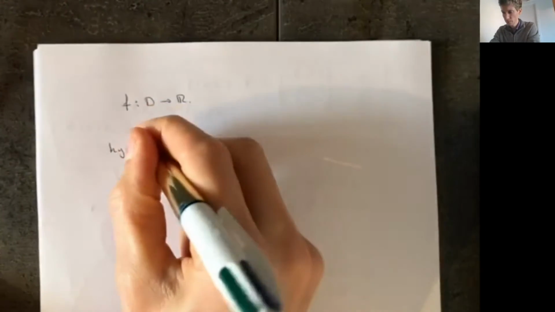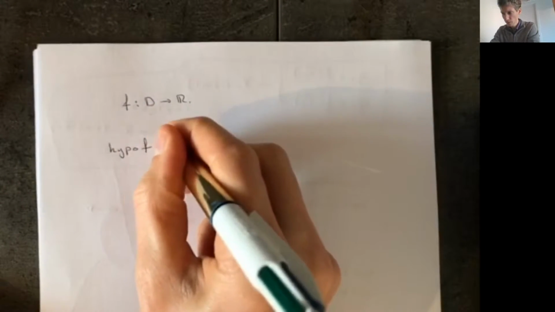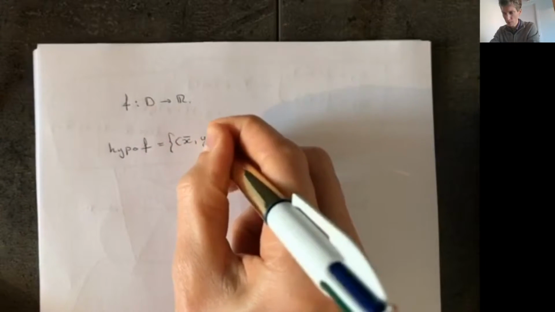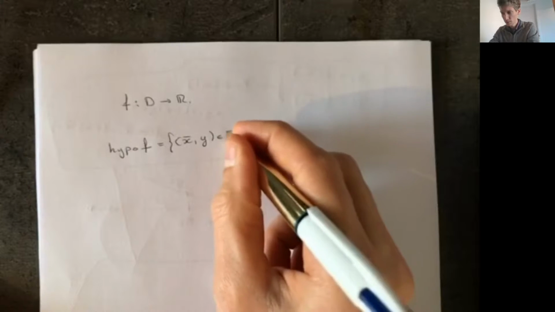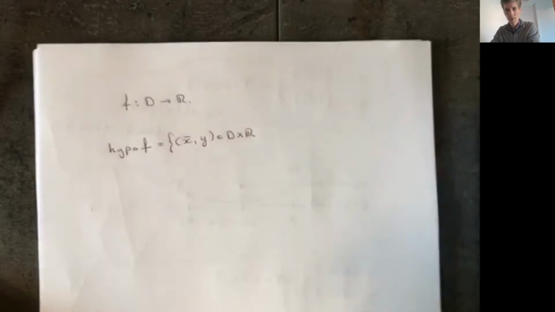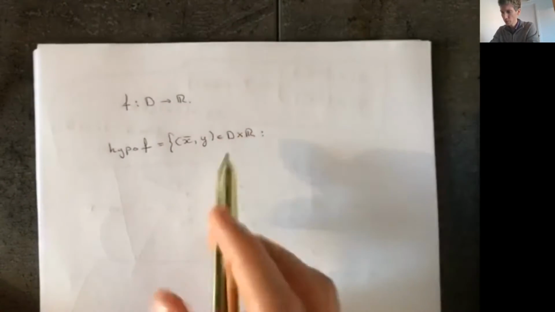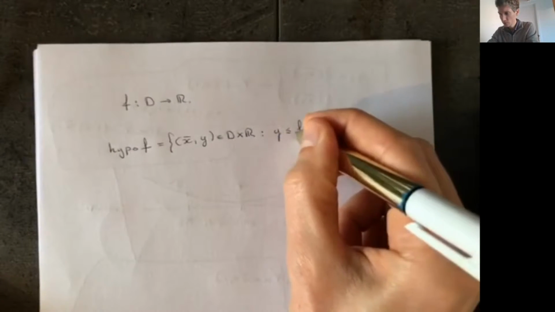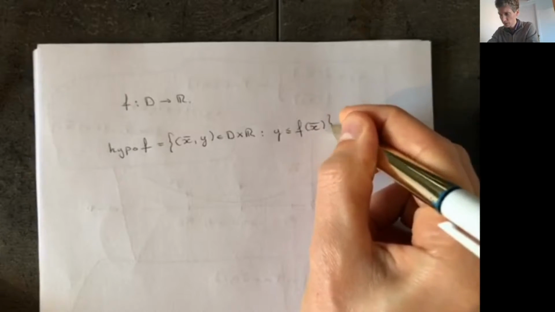So instead of the epigraph, you look at something else called the hypograph of f. Again, it's a combination of something in the domain and a number, so it's in D times R. And now we don't have that y is greater or equal to f of x, but y is less or equal to f of x.